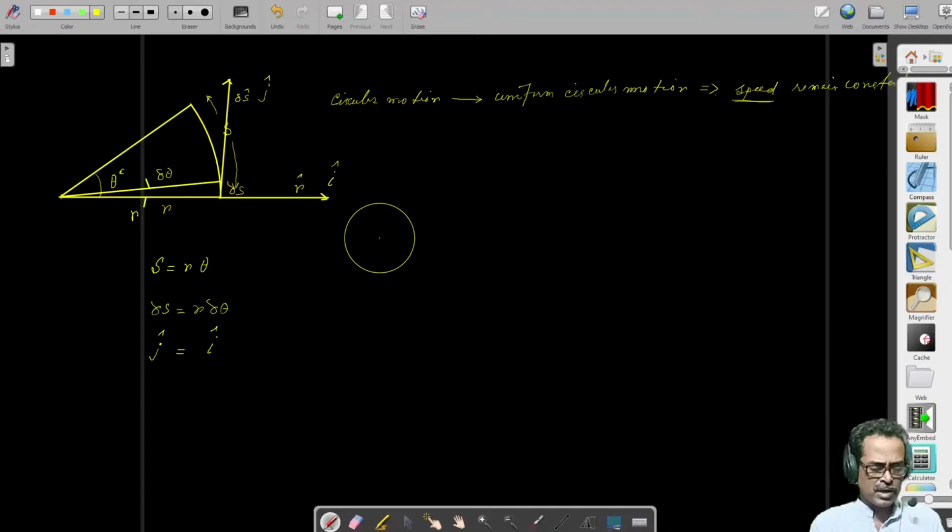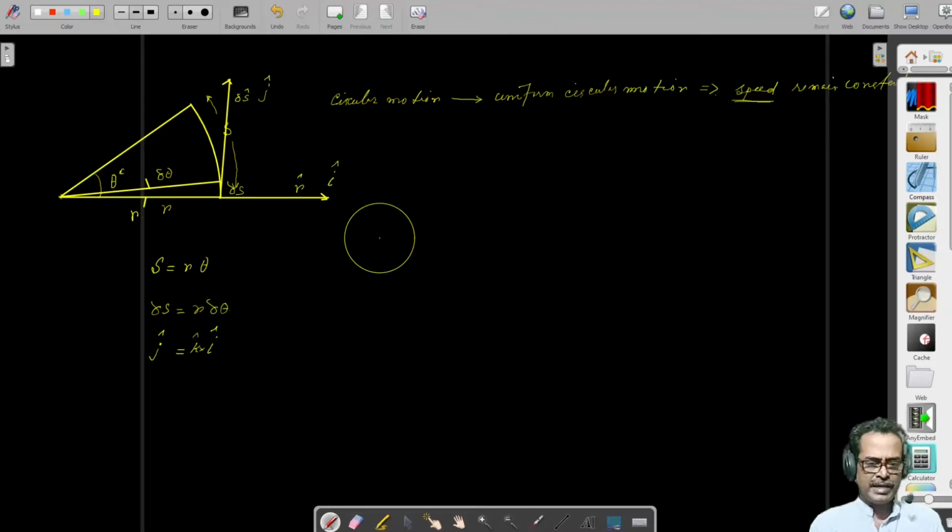In a cross product, the result will be perpendicular to both the vectors. So J is perpendicular to I and also perpendicular to K. So we can say that K cross I is equal to J.